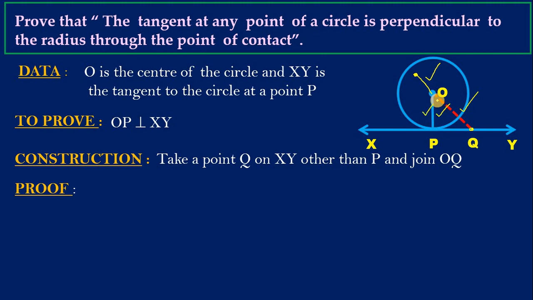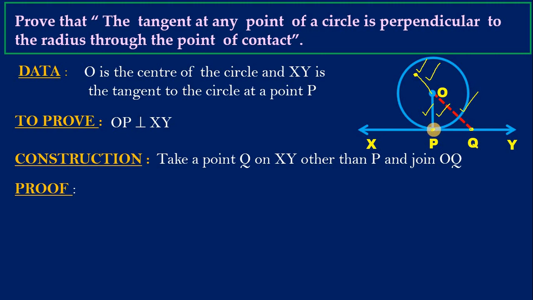I repeat again, try to understand. Here the point is inside the circle. Hence, this distance is less than OP. Here Q is outside the circle. Hence, this distance is greater than OP. You may ask, sir, is point P also outside the circle? No, it is not outside the circle.